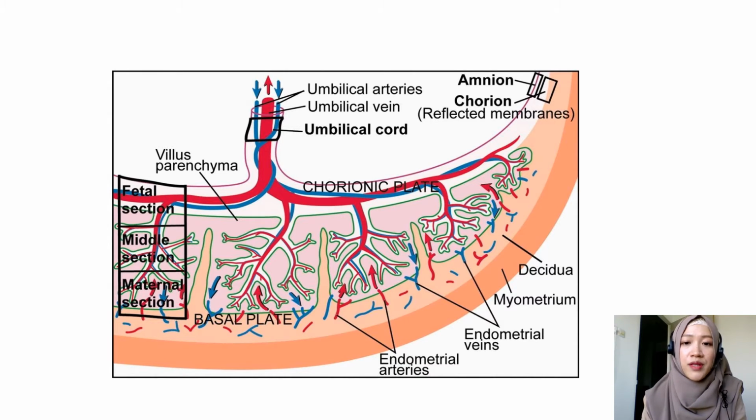There's a chorionic plate which faces the fetal part, and this is the villous parenchyma where the exchange happens between the umbilical vein and arteries into the villi, and then meets with the endometrial arteries and veins. And also there is a basal plate where the endometrial arteries and veins arise.